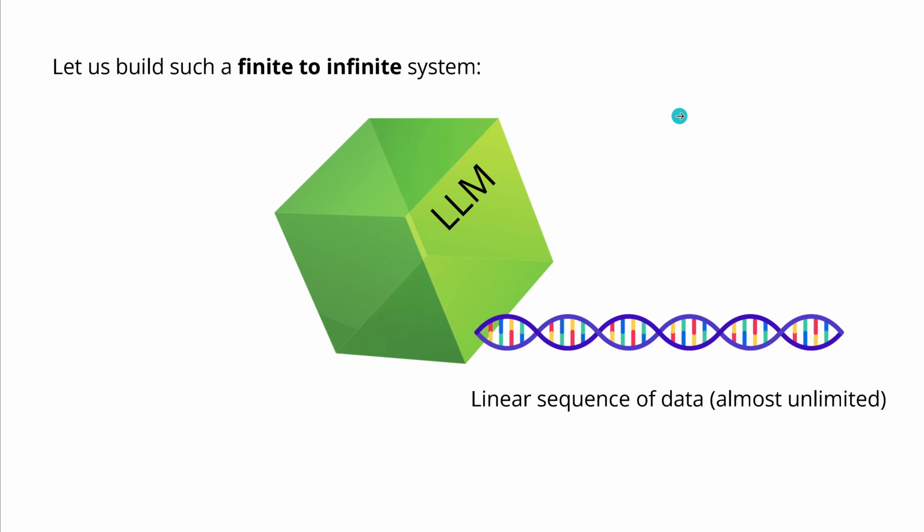And you say, what is the simplest case I can think of? Here we have an LLM, and here we have a data stream. And the data stream comes in, runs through. So we have a finite LLM, and we have an infinite amount of data that could theoretically be streamed over thousands of years to an infinite length. Now, important in this implementation is that we have a linear sequence of data, and you say, I get where we are going.